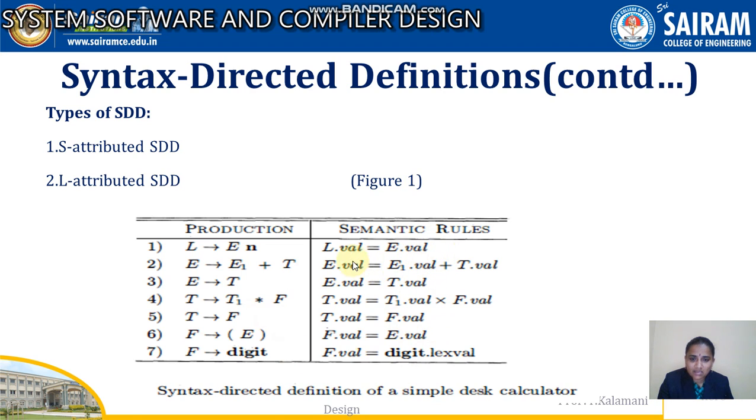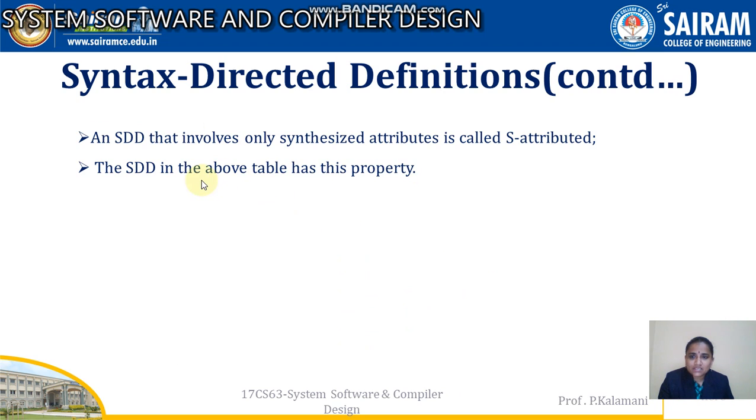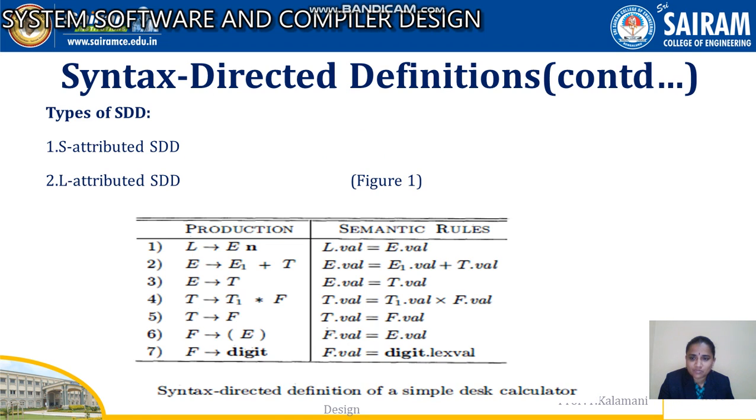Here all the symbols have only synthesized attributes, so this is called an S-attributed syntax directed definition. An SDD that involves only synthesized attributes is called S-attributed. The SDD in the previous example has this property.